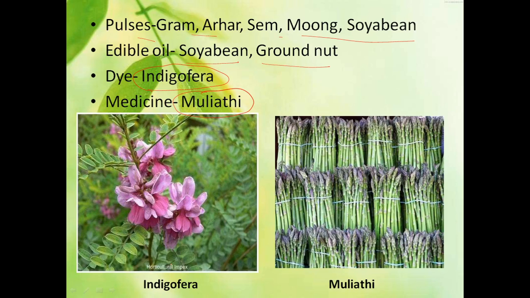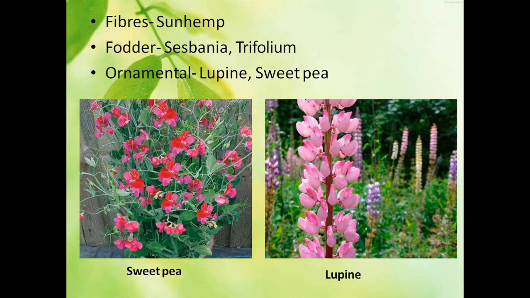Okay, this is the diagram of Indigofera, and these are the Mulethi stems which are being used. Some fibers are from sunhemp. Fodder plants are Sesbania and Trifolium. Ornamentals are lupine and sweet peas. These are some ornamental plants which belong to the Fabaceae family.